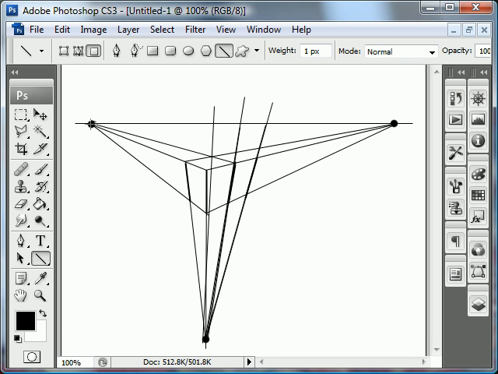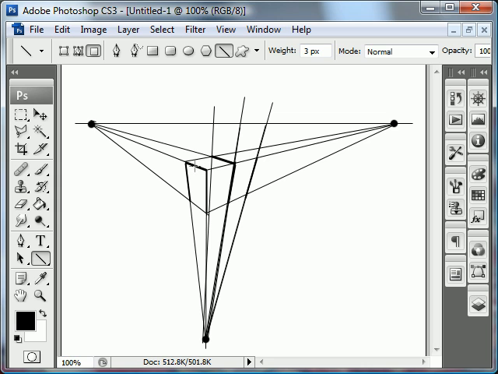Okay, so now how do we figure out where this box is cut off, where this edge, this left-hand side ends, where the top ends? Again, we have to think about what edges that edge is parallel to. So I think we can pretty much safely say that the top edge of our tall box is parallel to the top edge of our shorter box.